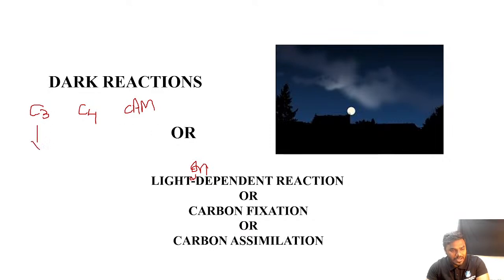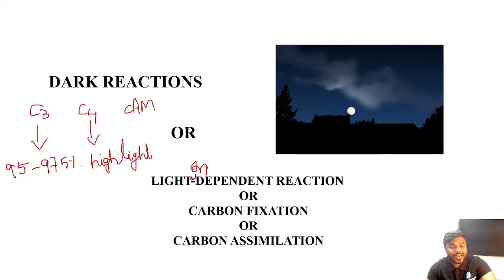Listen carefully, I have told you in the last class also: 95 to 97.5% of the plants present on this planet Earth follow the C3 pathway only. The C4 pathway is followed by plants which are living at high light intensities.